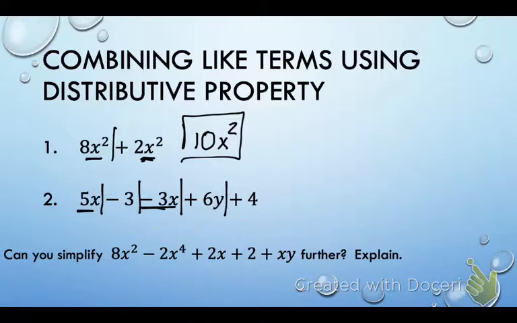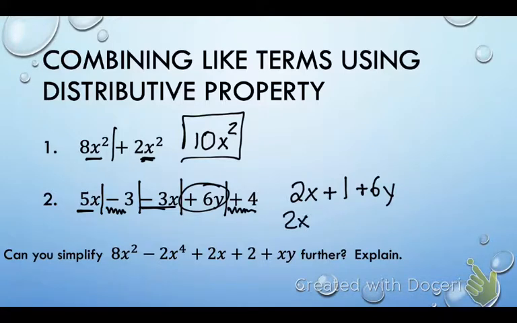So 5 minus 3 is 2, and I keep the x. Then if I go to my other numbers, negative 3 plus 4 is positive 1. And then 6y is by itself. So again, the correct way to write this would be 2x plus 6y plus 1.